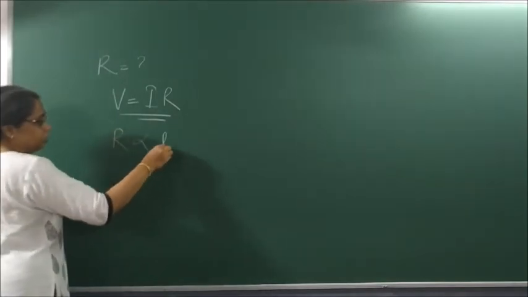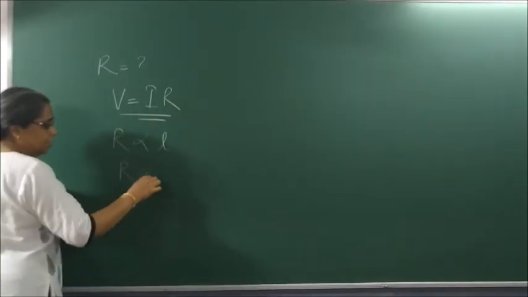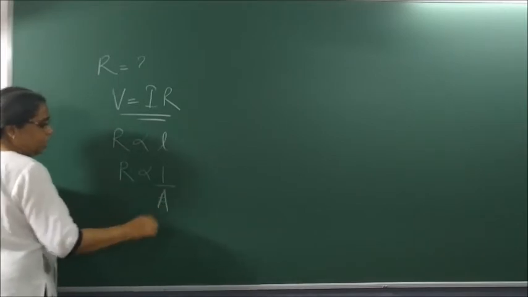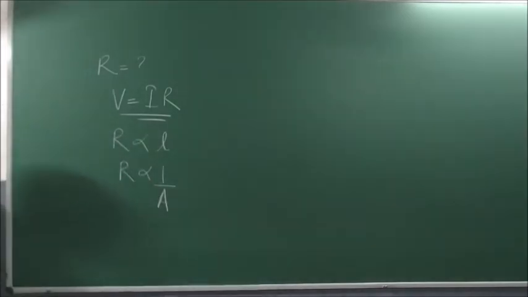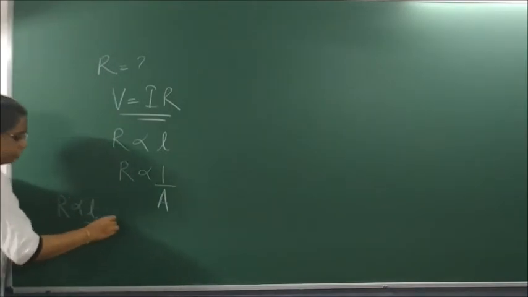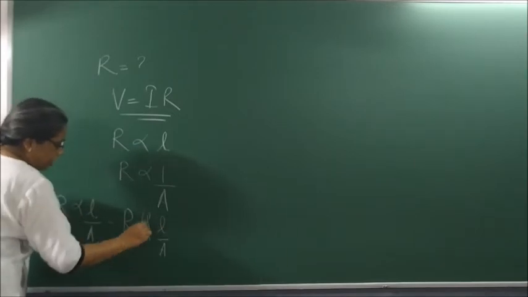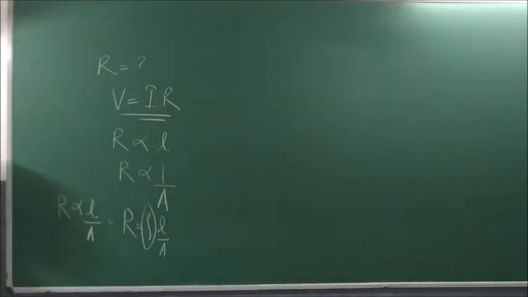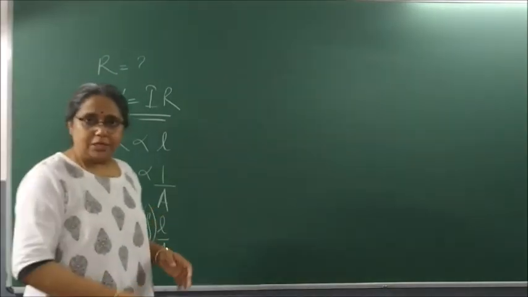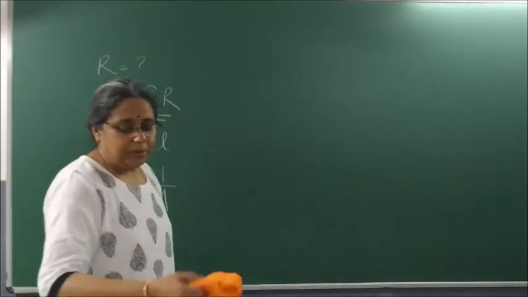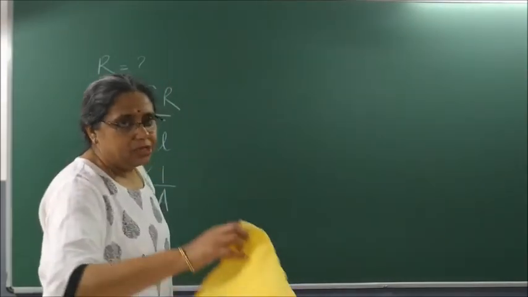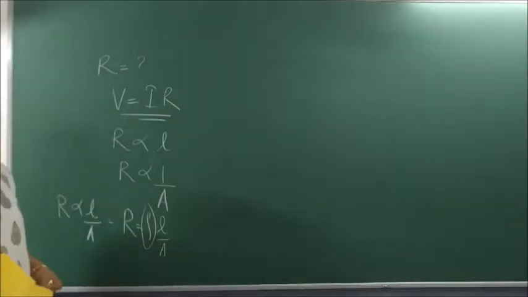R is proportional to L and R is inversely proportional to A, which means R is proportional to L by A, which is R is equal to rho L by A, where rho is called specific resistance or resistivity. Its SI unit is ohm meter. Okay. Now please write problems based on resistance and resistivity.